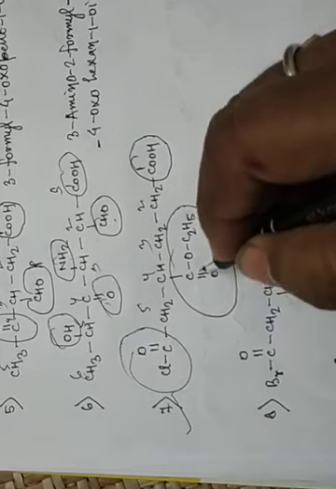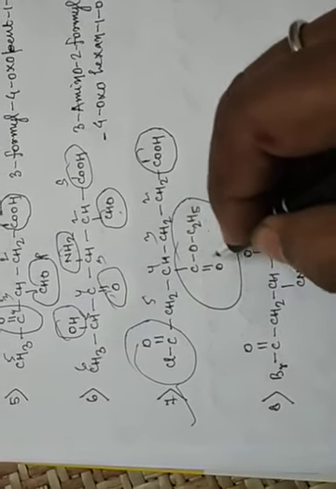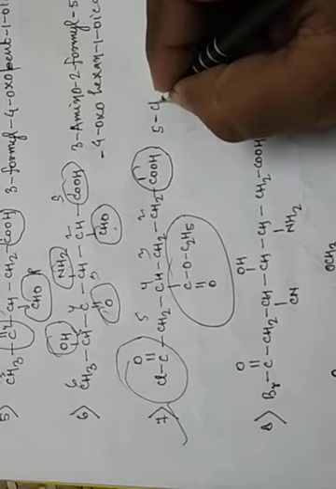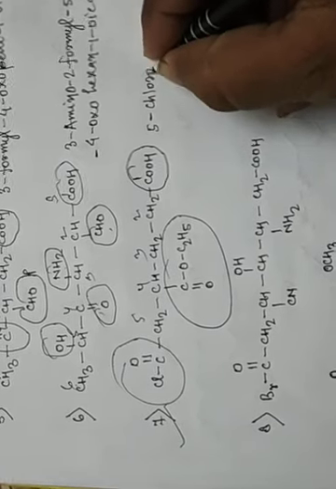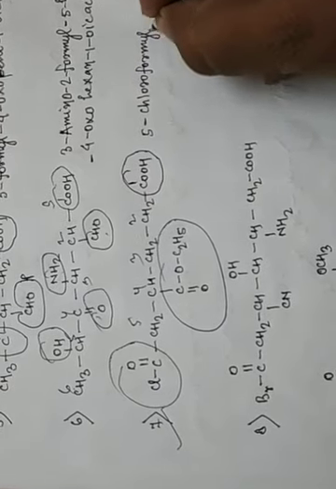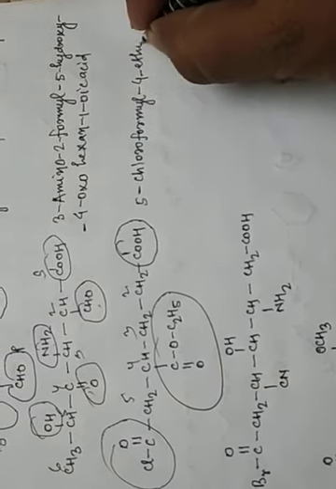In the 4th position there is an ethoxycarbonyl. So E first or C first? C. So 5 is chloroformyl, and then 4 is ethoxycarbonyl.